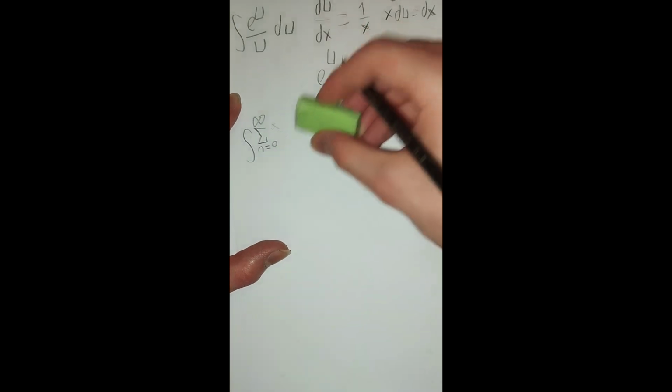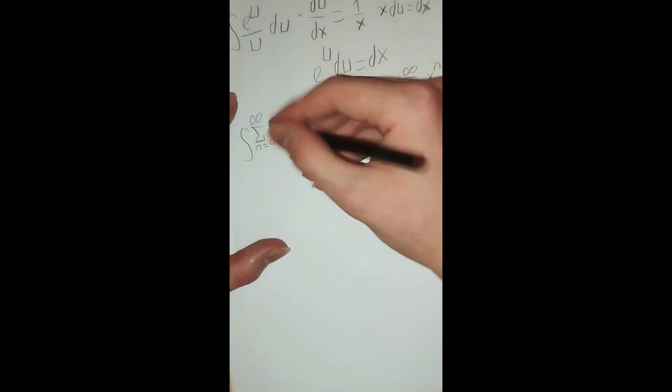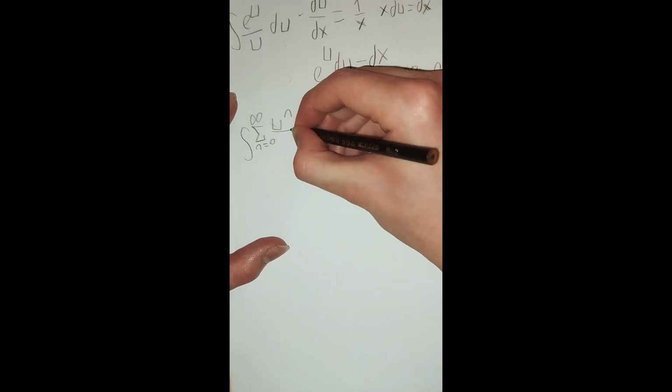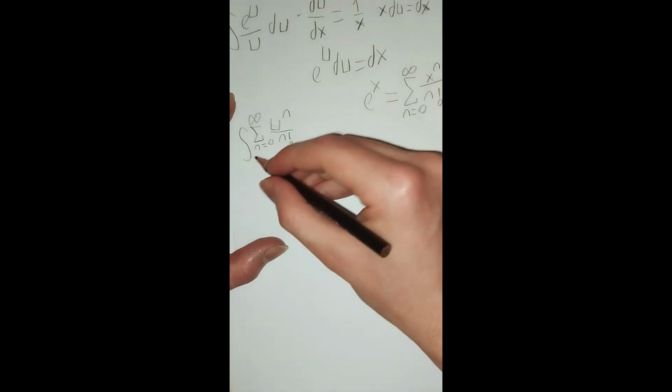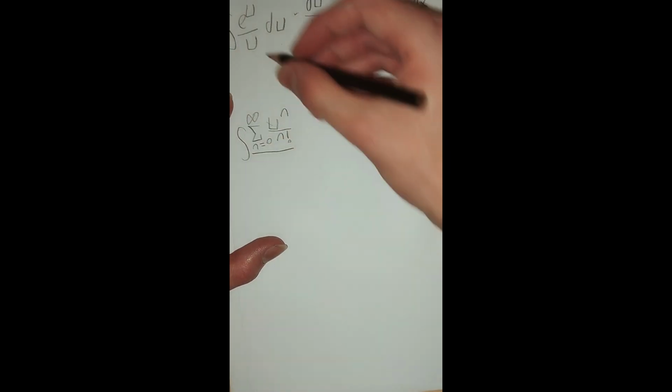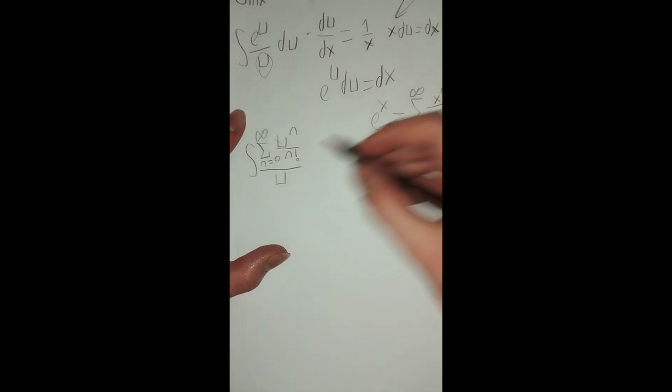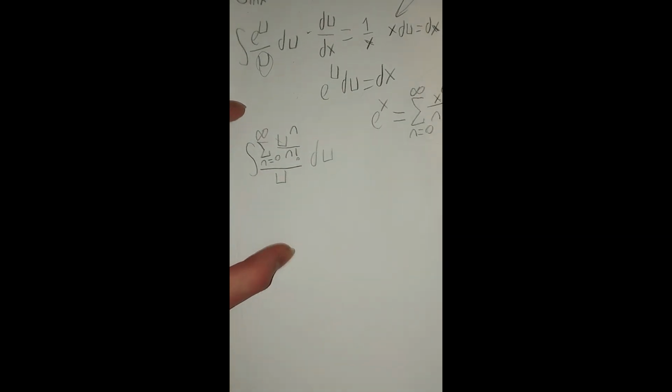Instead of x we are gonna use u. So we are gonna say u to the nth power divided by n factorial, and we also have divided by u in here. So we are gonna put u in here and du.